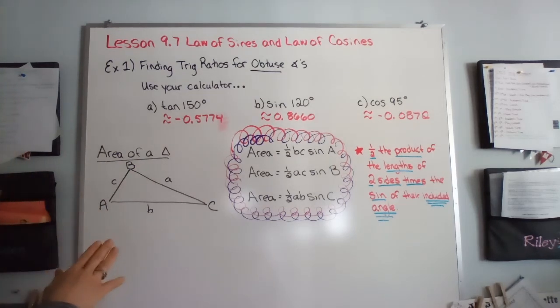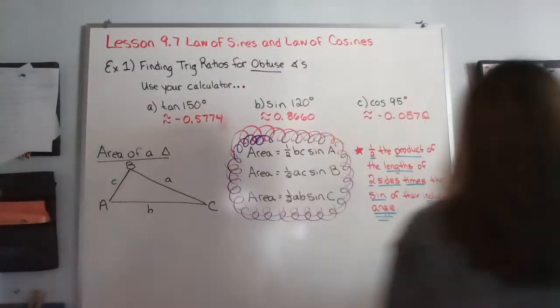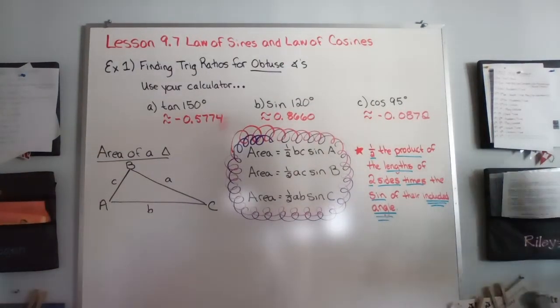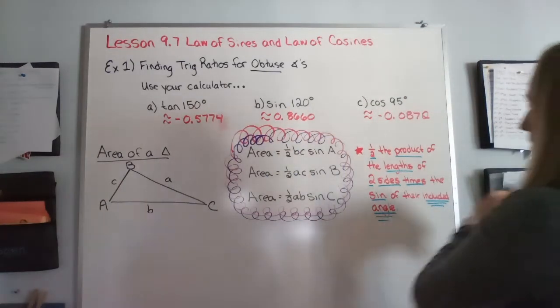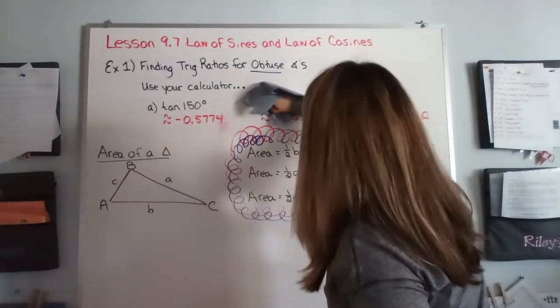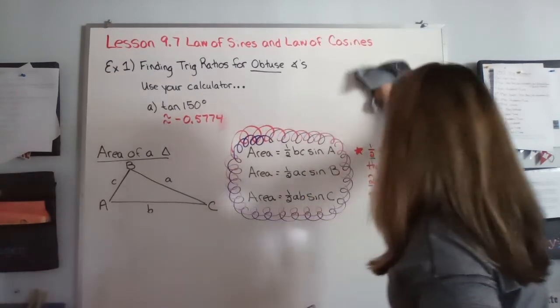We're going to be using those formulas. Let me erase some of the boards so that we can get a problem up here. I'll try to leave the formulas up for us to refer to.